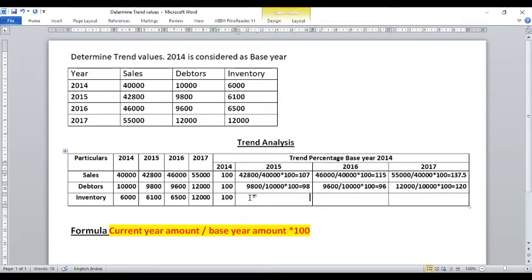Next for inventory, the last one, for 2015 it is 6,100 divided by 6,000 into 100, you get a percentage of 101.67. It is a recurring number, so I have just rounded off.